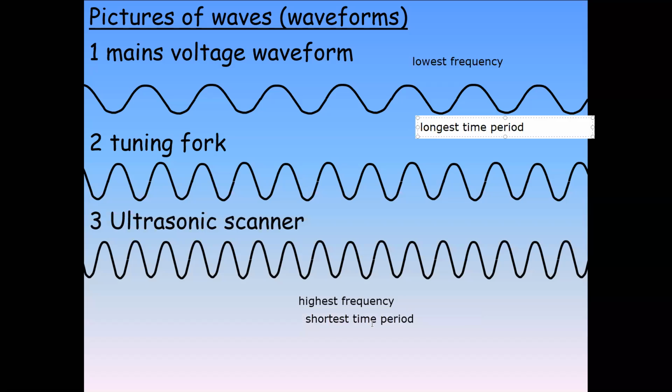So if the wave is having higher frequency, it will have a shorter time period. If the wave is having the lowest frequency, then it will have the longest time period. So they're inversely related.